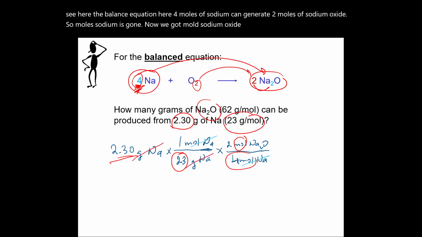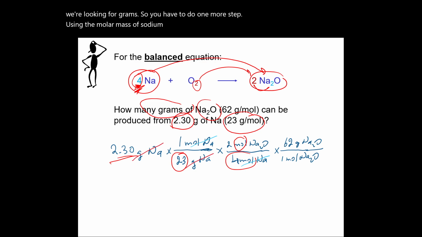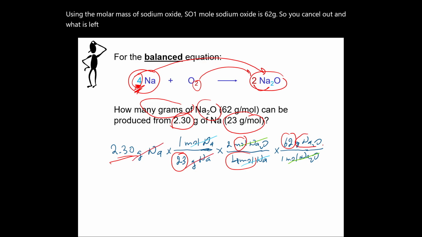We're not looking for moles, we're looking for grams. So you have to do one more step using the molar mass of sodium oxide. 1 mole of sodium oxide is 62 grams. So you cancel out, and what is left is grams of sodium oxide. That is what we're looking for.